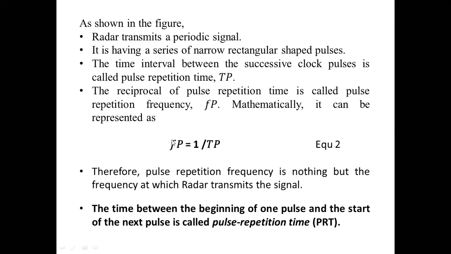The pulse repetition frequency Fp equals 1 by the pulse repetition time. We know that frequency is nothing but the inverse of time.